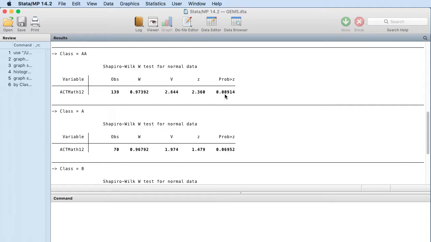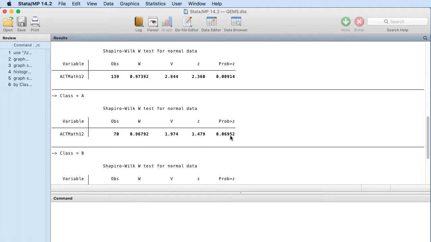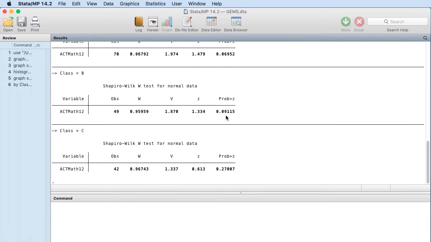So this means that this distribution is significantly non-normal. However, for class A, B, and C schools, the probability of non-normality is not significant. So these variables are not significantly skewed.